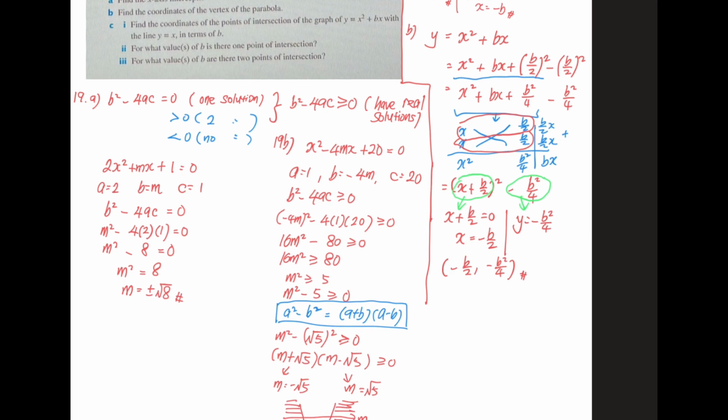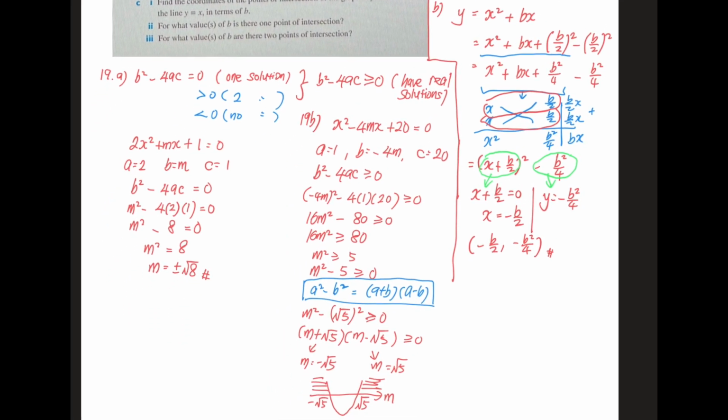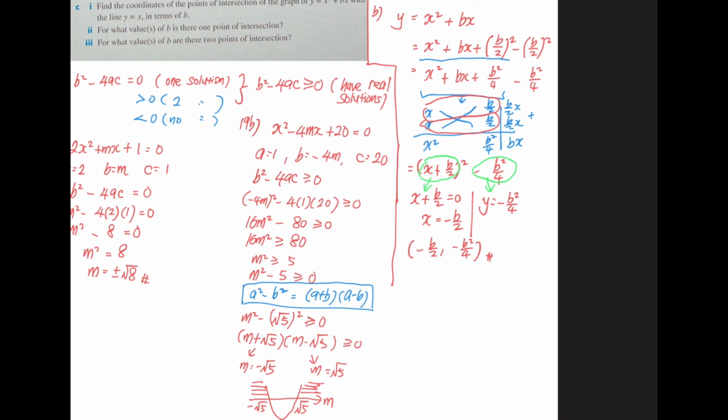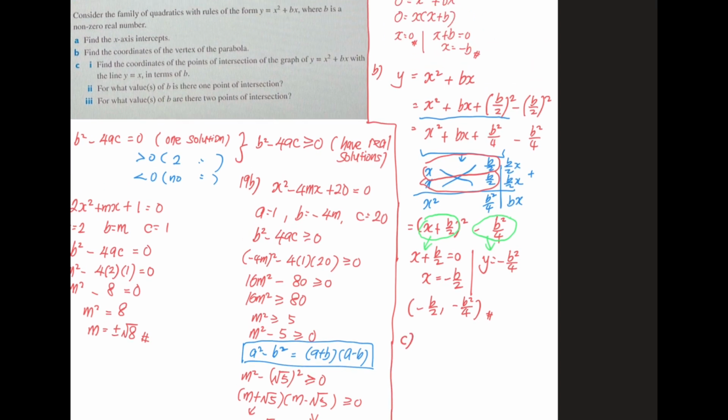So it's basically something like this. Let's say I just draw out the graph. Our question never wants us to draw out the graph, so I draw it here just for your reference only. So we have y equal to x squared plus bx.